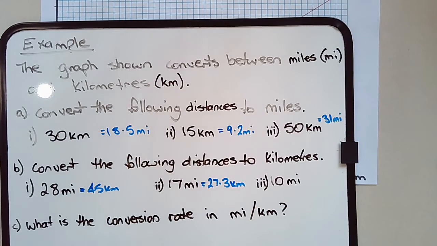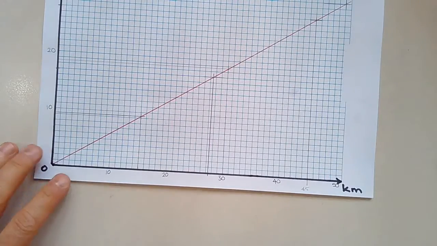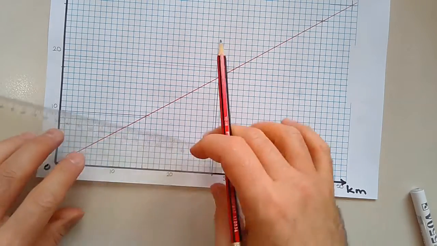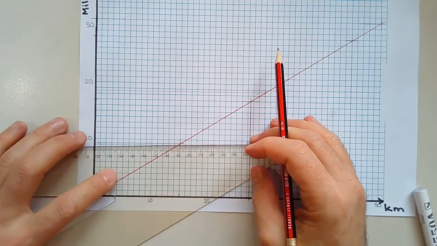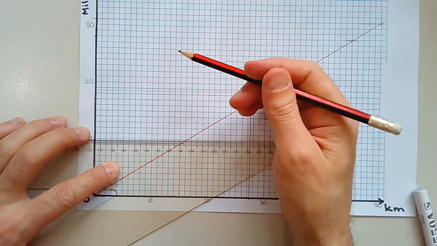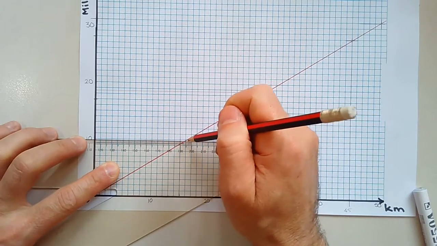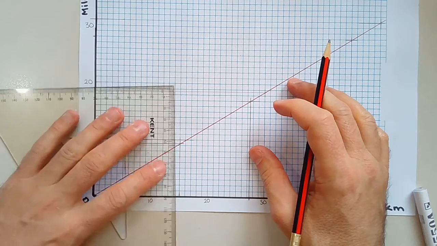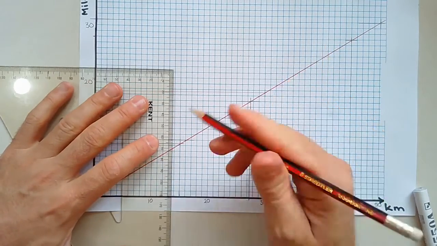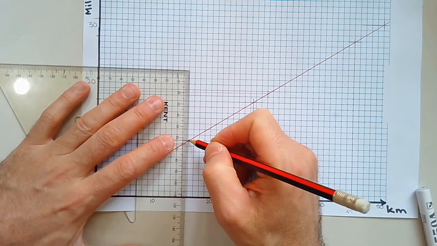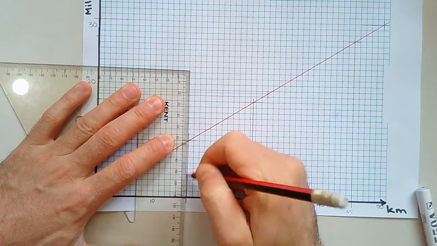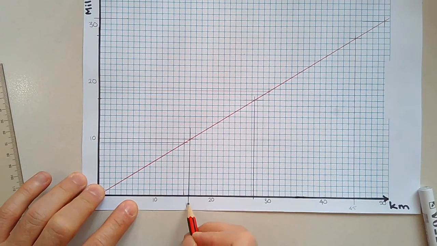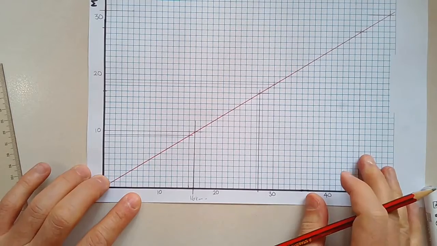And then we've got 10 miles. So there's 10 miles there, and projecting downwards. And that looks to be around 16 kilometers.